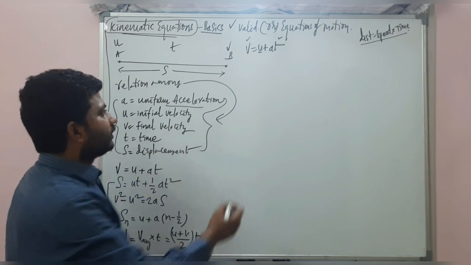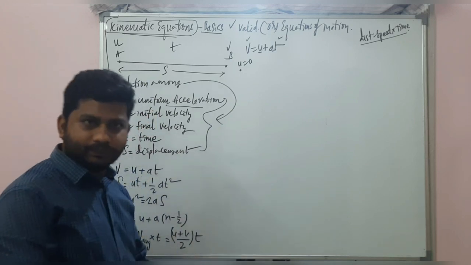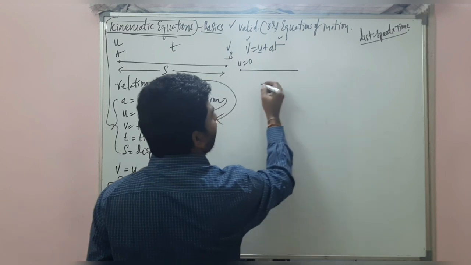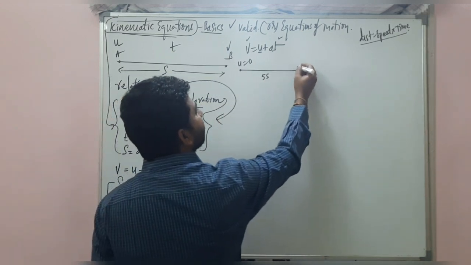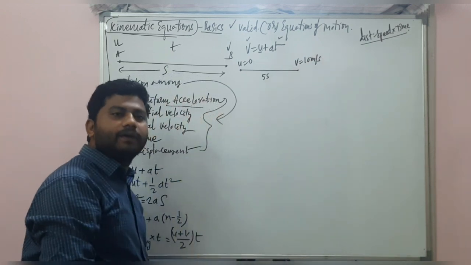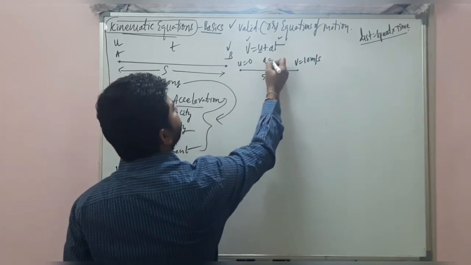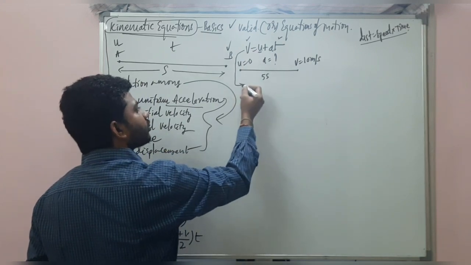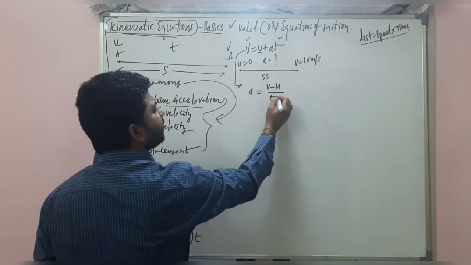Look at this. There is a body which is starting from rest. Initial velocity of the body is 0. After some time of 5 seconds, the body has attained a velocity of 10 meters per second. Now the question is, what is the uniform acceleration produced here? From the first equation of motion, we have a is equal to v minus u by t.